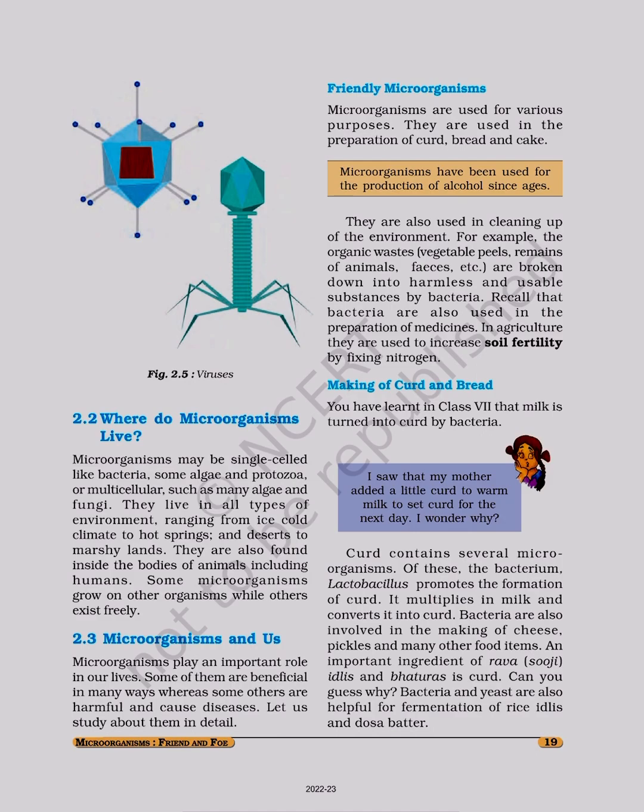Friendly microorganisms. Microorganisms are used for various purposes. They are used in the preparation of curd, bread, and cake. Microorganisms have been used for the production of alcohol since ages. They are also used in cleaning up of the environment.